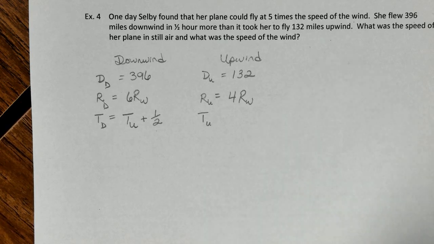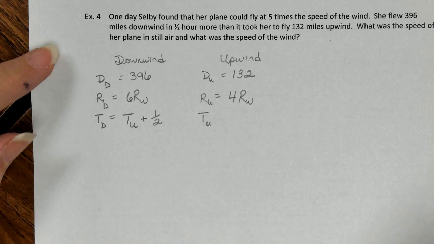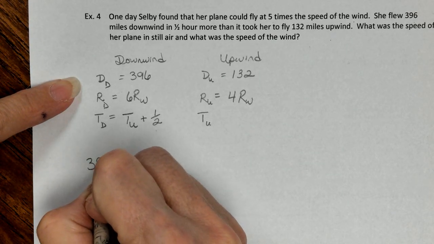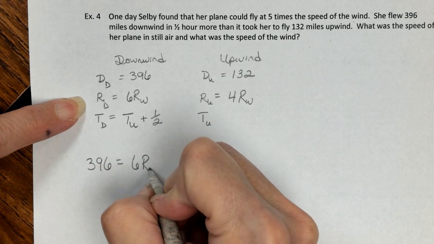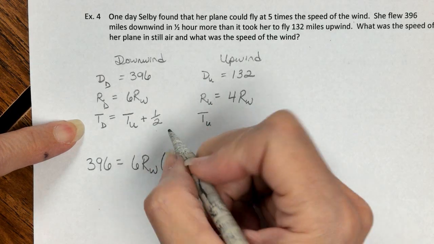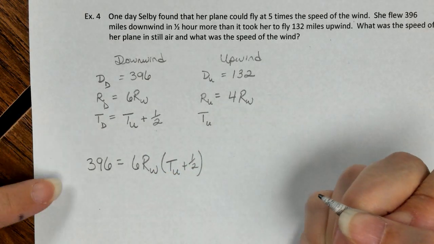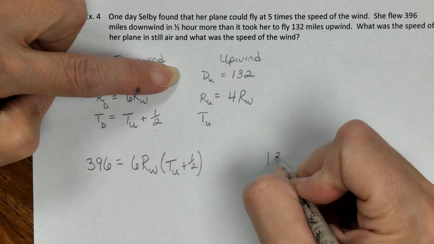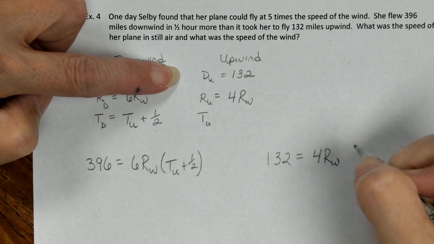So we have this. What was the speed of the wind? Our ultimate goal is to find out what RW is. Well, we have all these columns filled in, so distance equals rate times time. Let's write an equation for this one. That distance, 396, equals this rate, 6 RW times this time, which is TU plus 1/2. We can also write one for the upwind column. 132 equals 4 RW times TU.